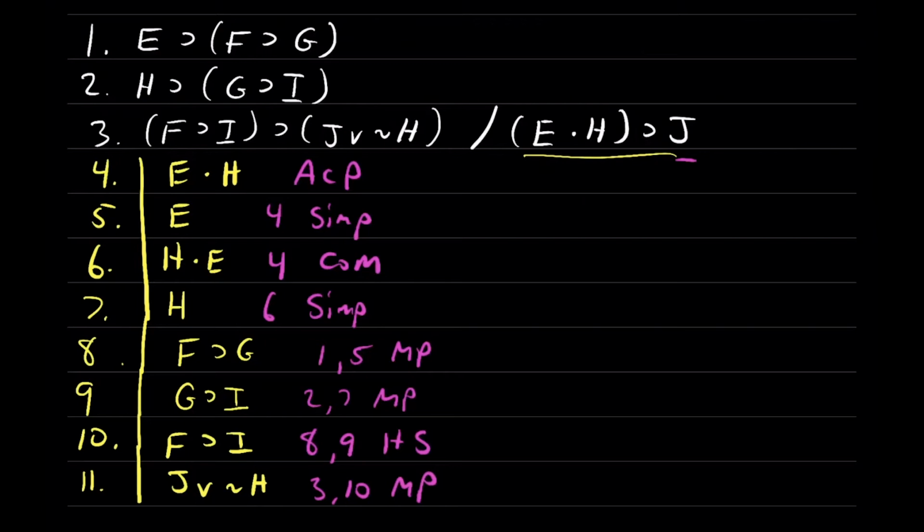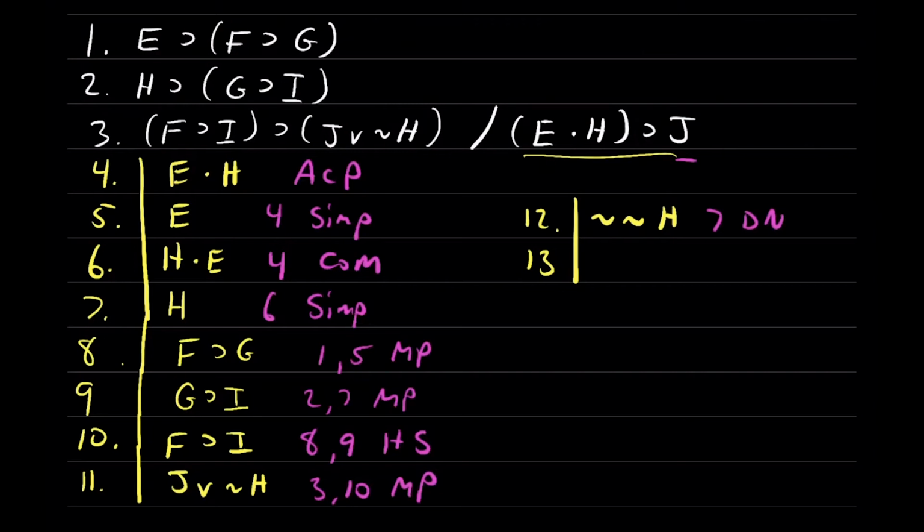Line 12, we're still inside that vertical sequence, so don't forget about that line. Well, we know H is true, but we need the negation of one of those disjuncts on line 11. So we need to do double negation. From H, we can get not H, and that follows from line 7 by double negation. In order to be able to use disjunctive syllogism, I have to have the not H, the term that I have the negation of, on the left side of that disjunction on line 11.